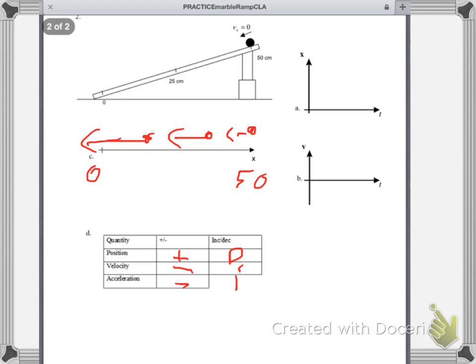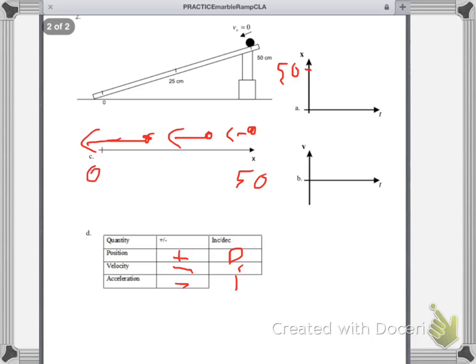So now as we draw our position-time graph, the object starts at an initial position of 50, so we have to start our graph up there. Initially, there's not a whole lot of change in velocity, so the slopes are going to be very, very small.